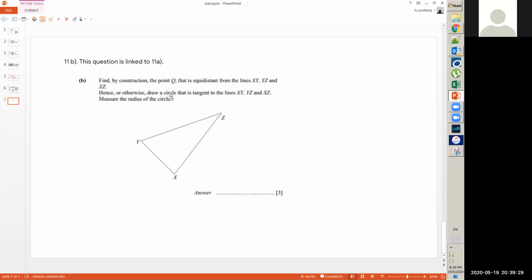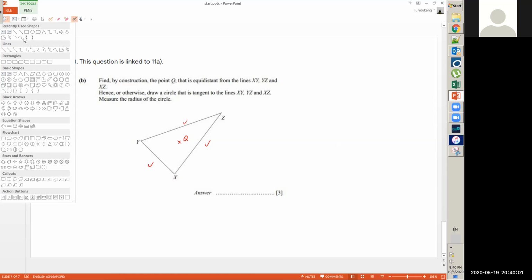Okay, so over here it says the point Q that is equidistant from the line XY, which is here, YZ, which is here, and then XZ. So what they want is a point here. Let's assume this is Q, such that it is equidistant to lines XY, YZ, and XZ. So how do you draw this?